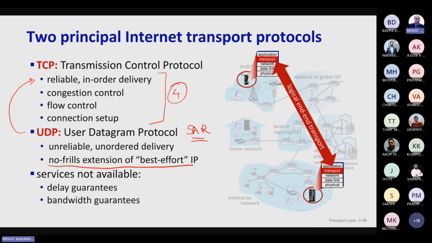Okay, now some services which neither TCP nor UDP guarantee are delay guarantees or bandwidth guarantees. Yes, Jyoti, as you rightly said, streaming live video is also an example of UDP.